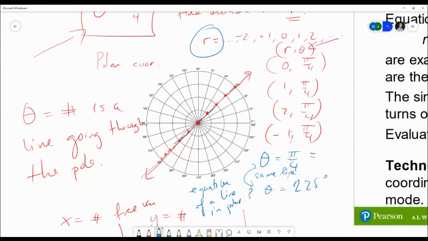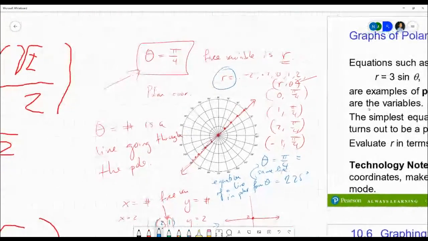They are not angles per se, so you cannot say they are coterminal. They are equations that give you the same line, but coterminal means they end on the same angle. One of them is 45, one of them is 225. They're not coterminal.